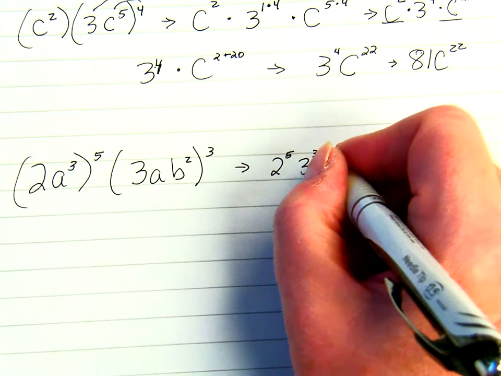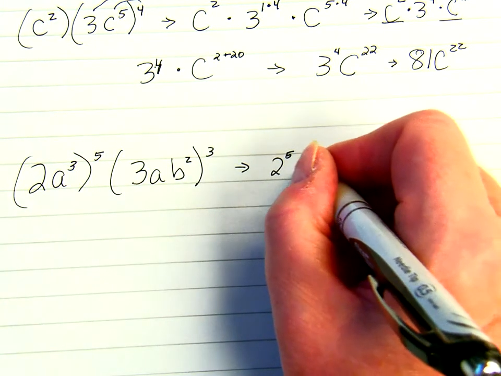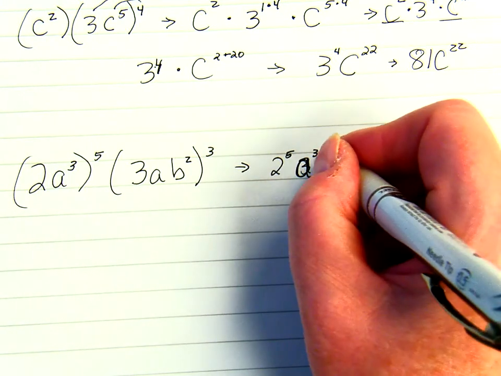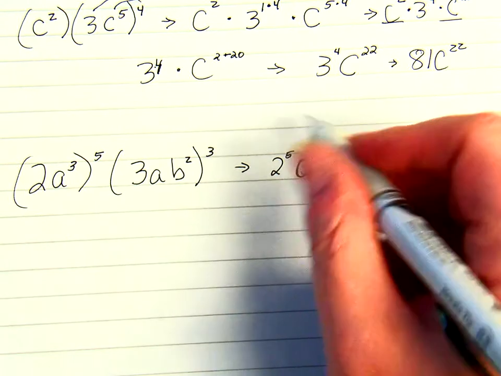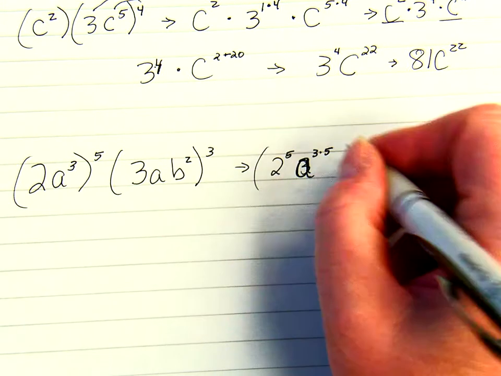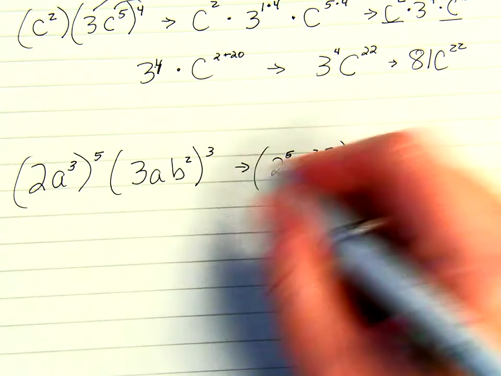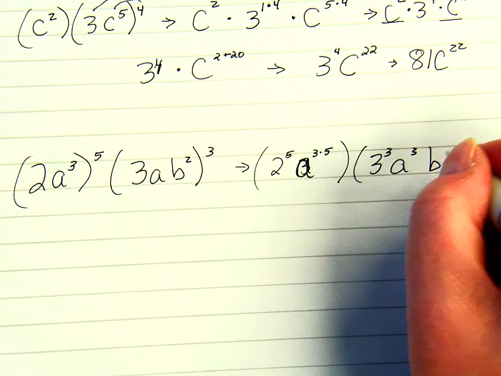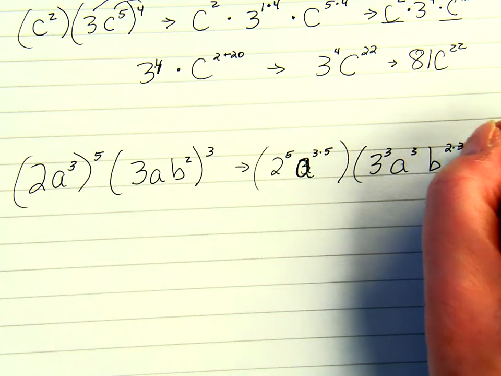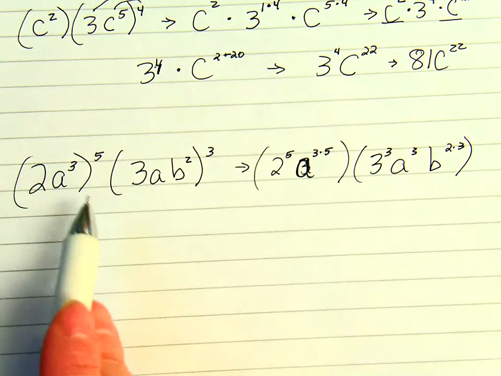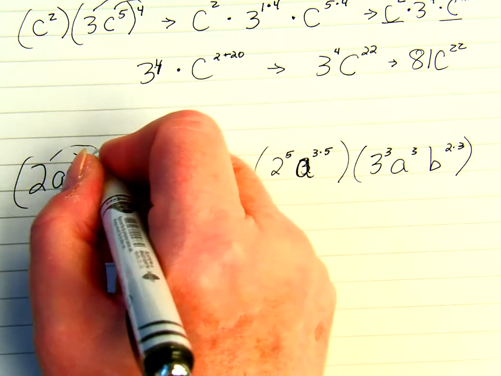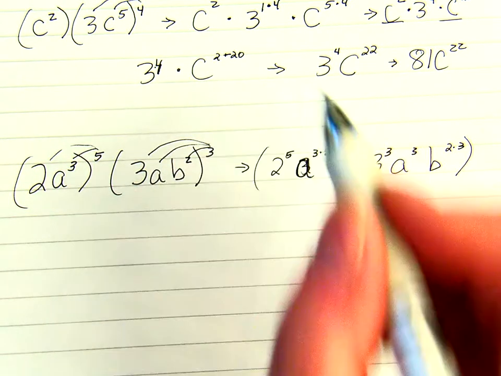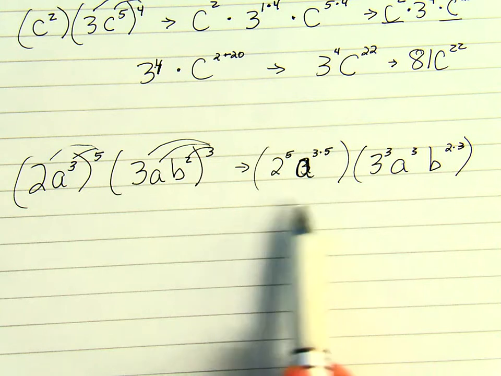I've got 3 to the 3 times, oh, that's an A. I am making bloopers all over the place today, and yeah, I know I don't know how to pull that out and make it a blooper reel. 3 times 5, okay, and then on the next one, so that's the first one here, and then I've got 3 cubed, A cubed, and B 2 times 3. Okay, so notice how I gave the 5 to the 2 and to the A cubed. The 3 goes to the 3, the A, and the B, all 3 of those.